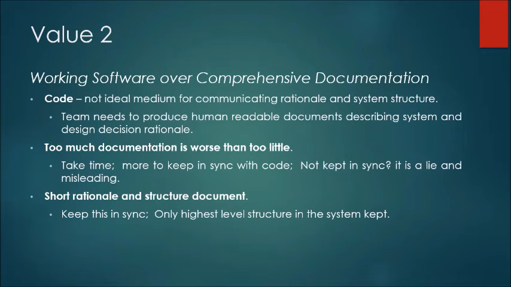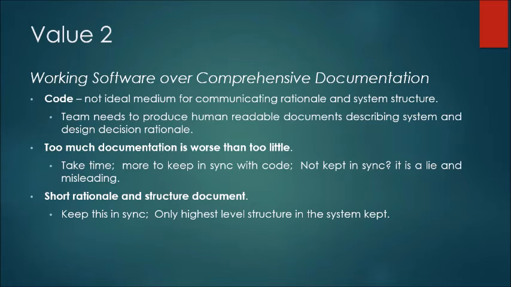Value 2. Working software over comprehensive documentation. We value working software more over comprehensive documentation. For example, code. Code is not an ideal medium for communicating rationale and system structure. The team needs to produce a human readable document describing the system and design decision rationale.